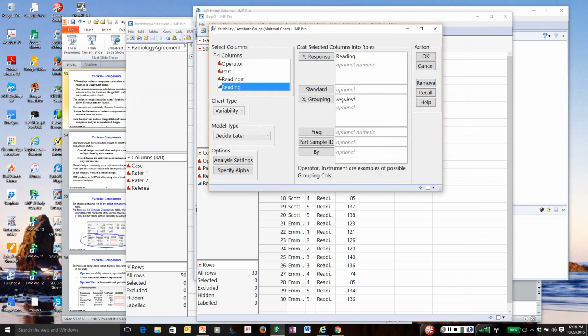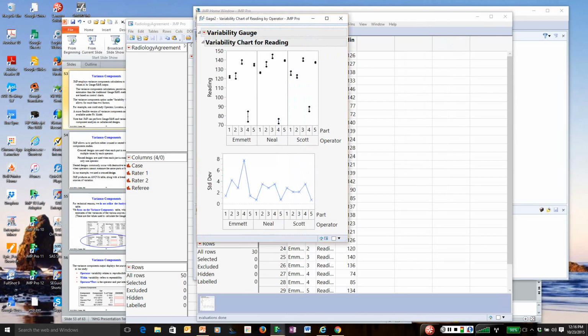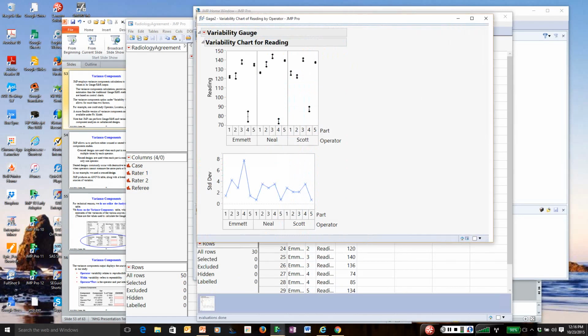We group the readings by operator, and then JMP gives you a box in which to identify the parts or whatever the samples are, and you need an ID for each of the samples. So we'll put that in part, and reading number is not of any value to us in this case. Click OK, and you remember from last time, I'm going to expand out the view a little bit.